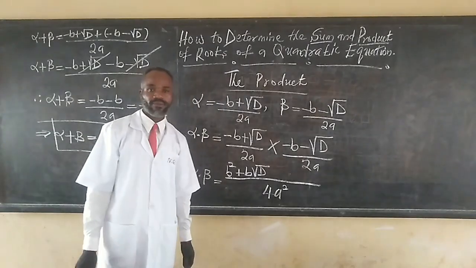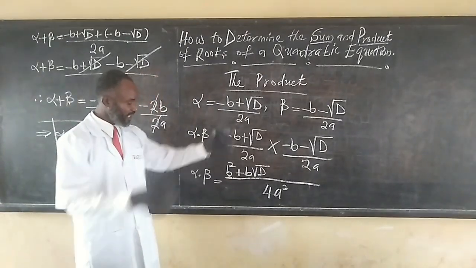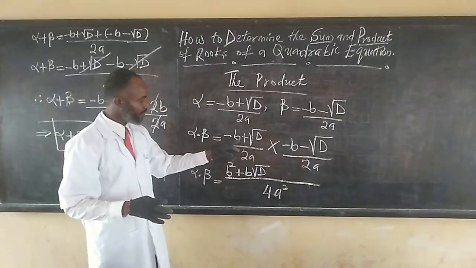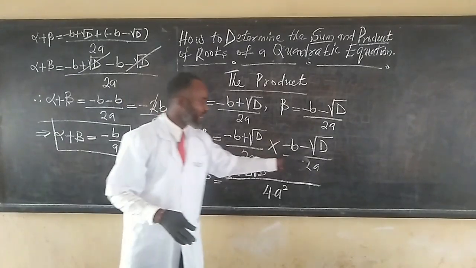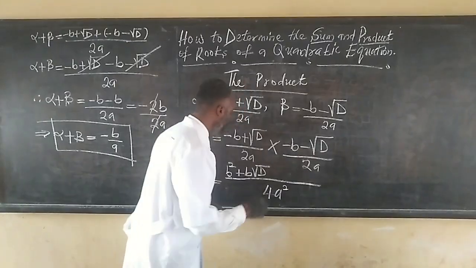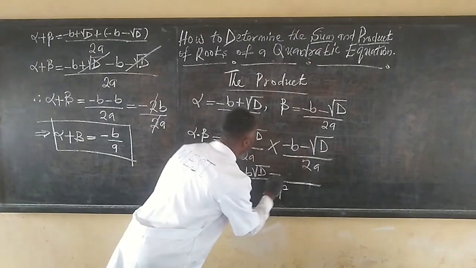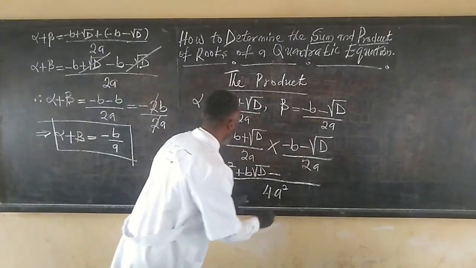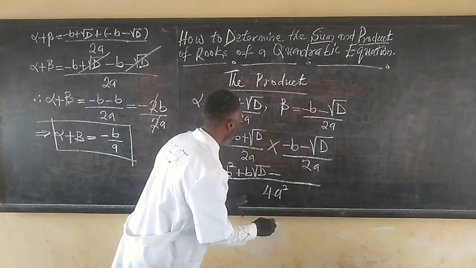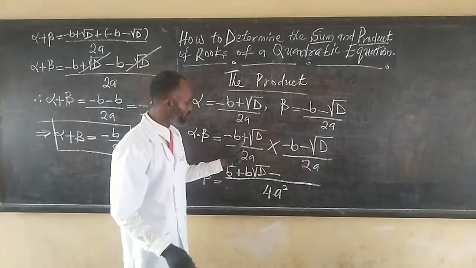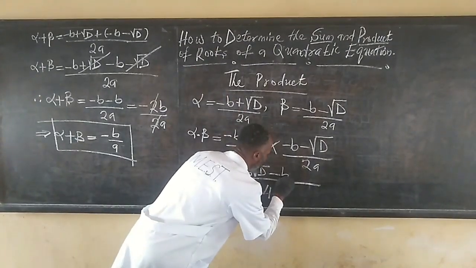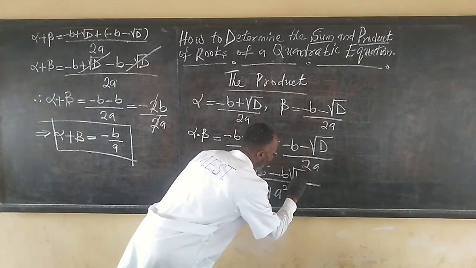Then plus square root d times minus b is minus b square root d.